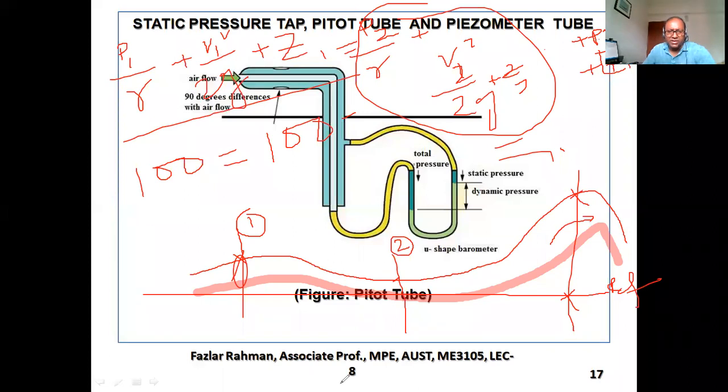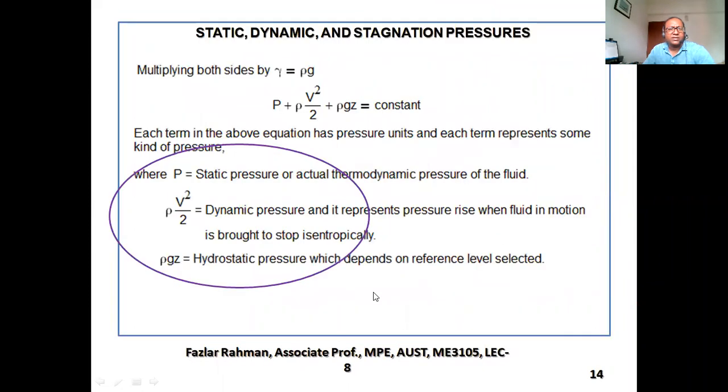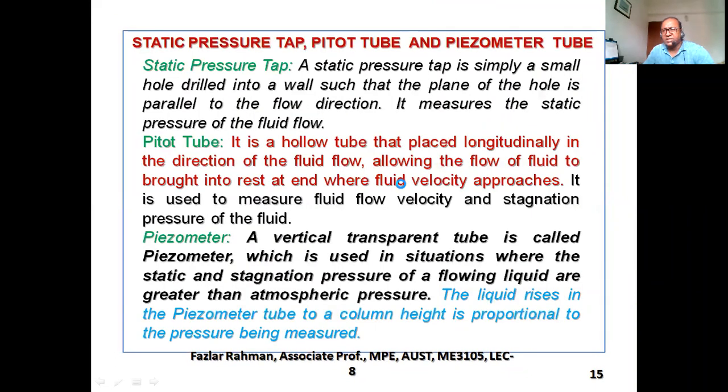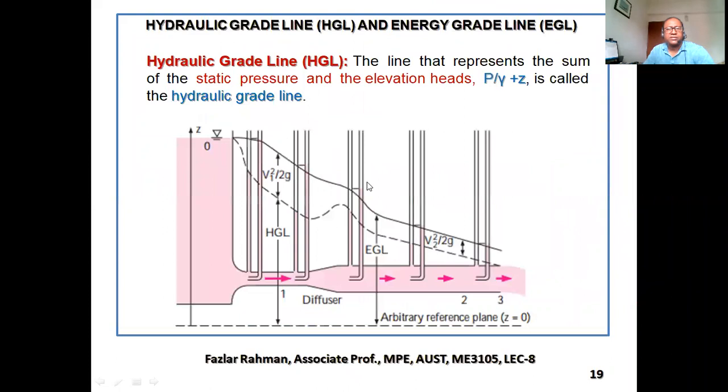There is another term they use to describe this equation. It's called pressure head, velocity head, and datum head. The summation of all three, pressure head, velocity head, and datum head, is equal to a constant. They describe it the other way.